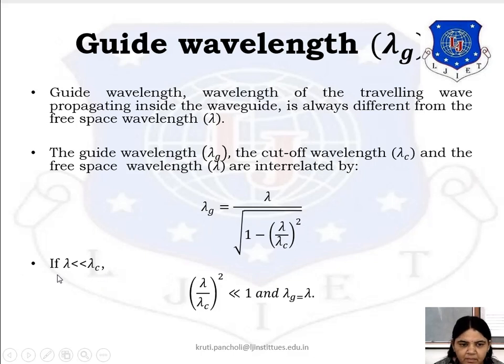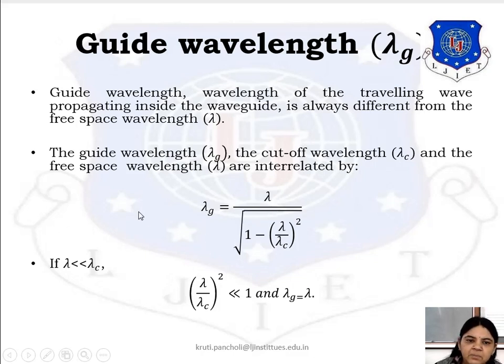Now when the free space wavelength is very small compared to the cutoff wavelength, the value of (lambda by lambda c) whole square is much less than 1, and we can say that lambda g is equal to lambda.